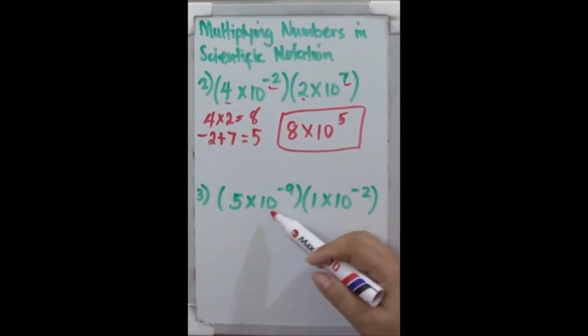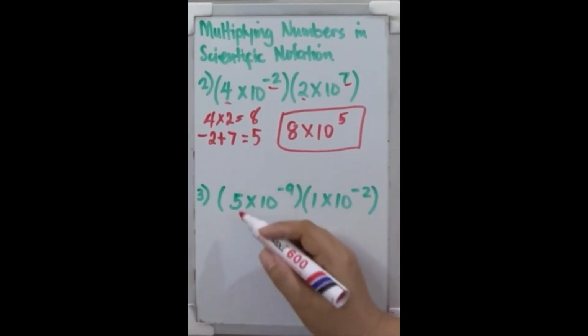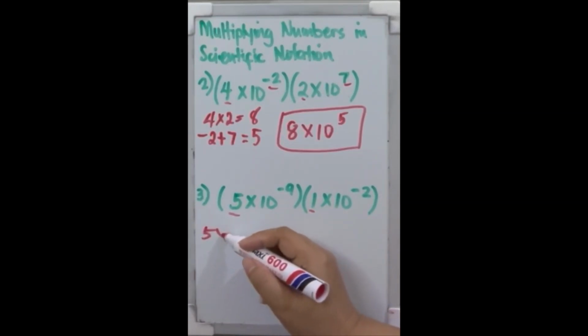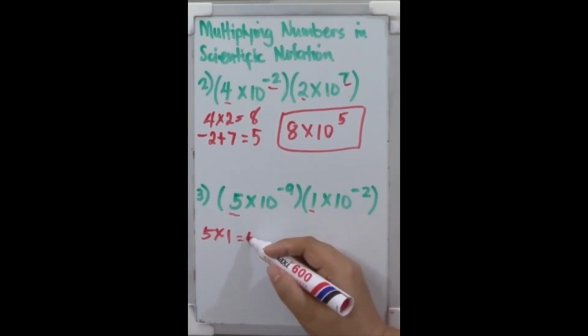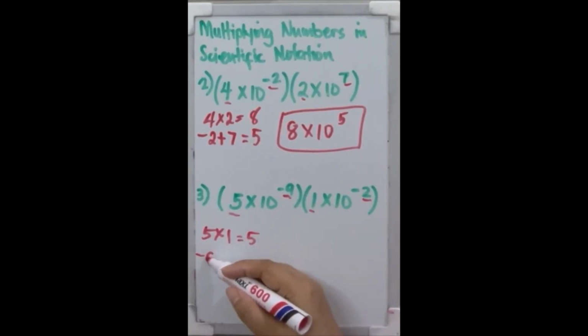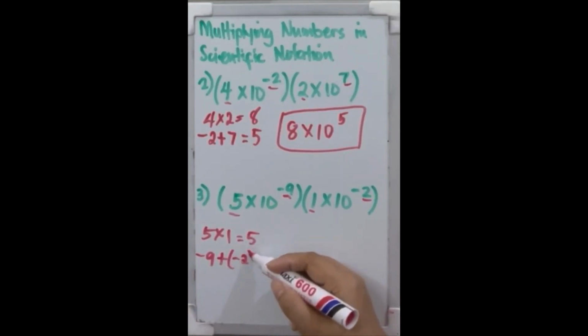Next, 5 times 10 raised to negative 9 times 1 times 10 raised to negative 2. Okay, our step 1 is to multiply the coefficients. So 5 times 1 will give us 5. The next step is to add the exponents. So we have negative 9 plus negative 2.